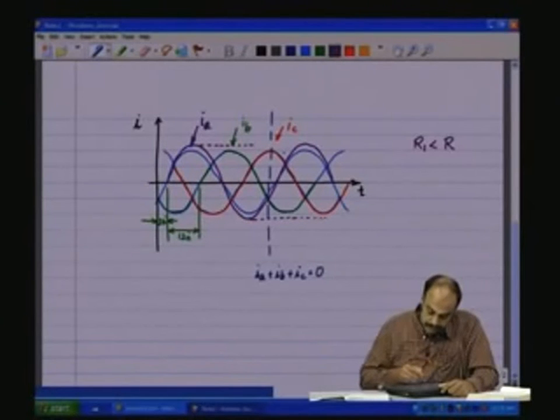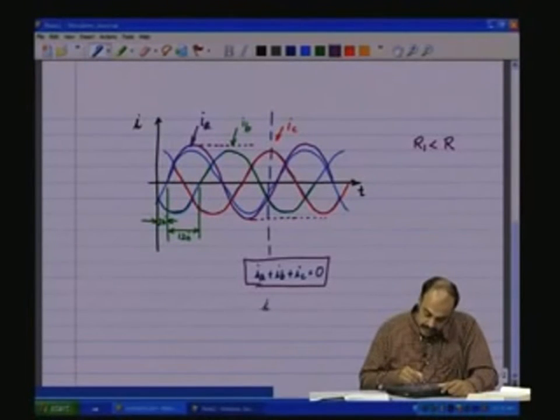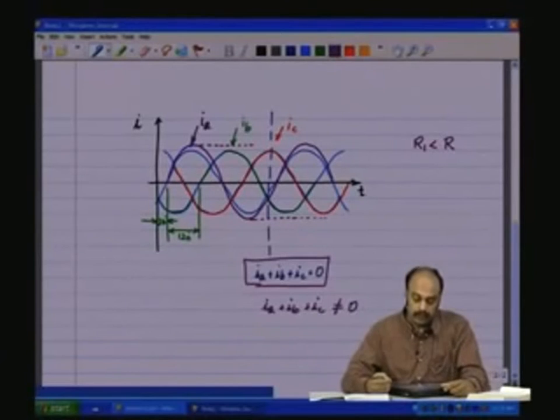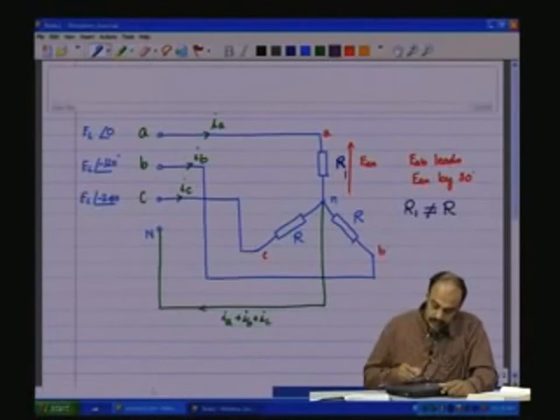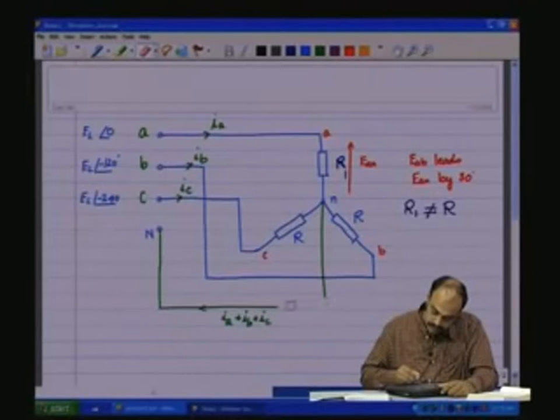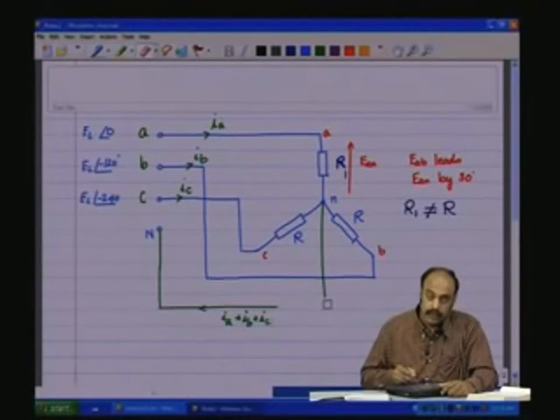So, this makes this relationship invalid, meaning IA plus IB plus IC has a finite value which is not equal to 0. Now, suppose in the circuit we are not connecting the neutrals of the source and the load, then there is no path for IA plus IB plus IC to flow in this return path, that is the neutral line.